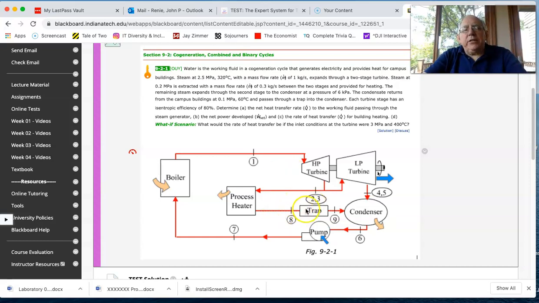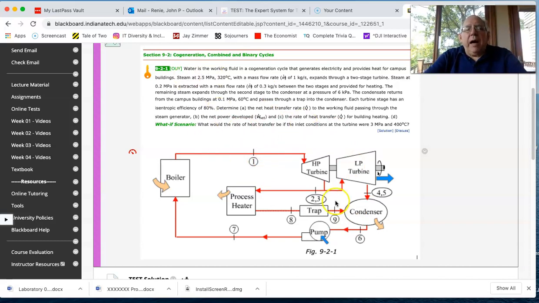State 8 is then throttled to the lower pressure of the condenser in an isenthalpic device. The condenser brought all of the fluid back together, all of the 5 fluid and all of the 9 fluid, so that we had 1 kilogram per second going to the pump, and the pump taking it all the way back up to the pressure of P1.